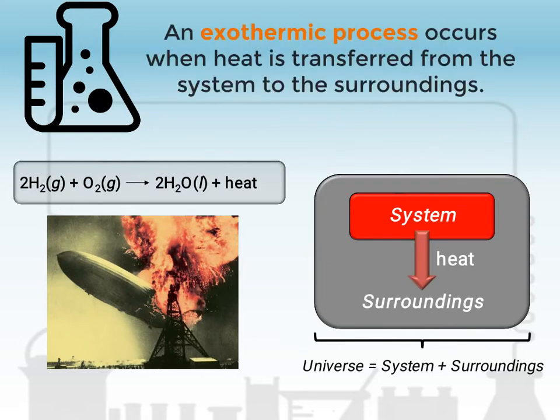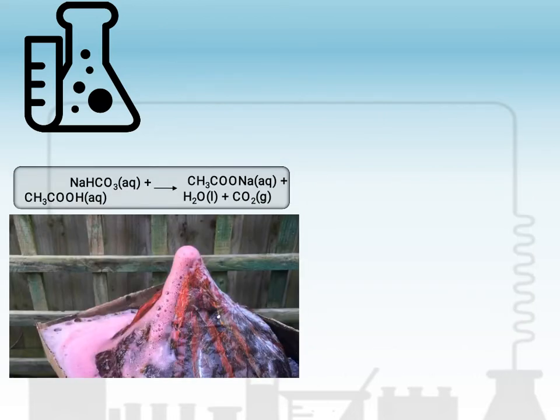Again, an exothermic process occurs when heat is transferred from the system to the surroundings. At ang sign ng ating Q for an exothermic process is negative.